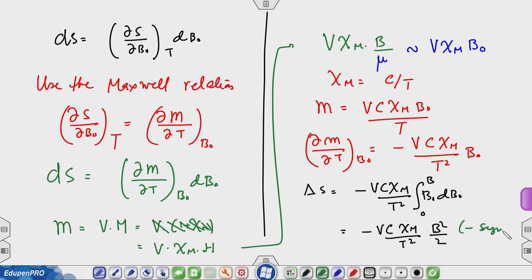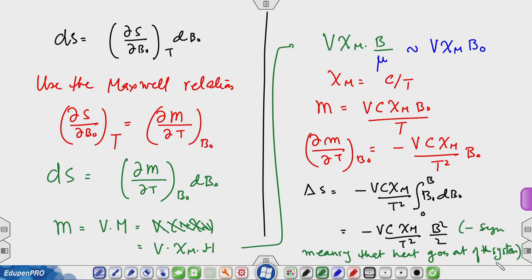The negative sign means that heat goes out of the system. It goes out because that's how the system remains at constant temperature. So the heat produced is V C over mu naught.